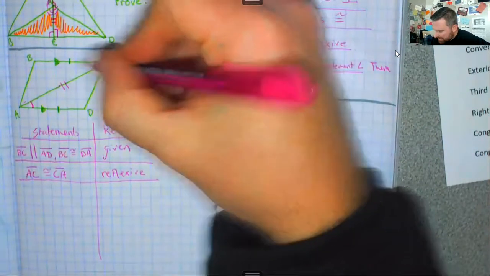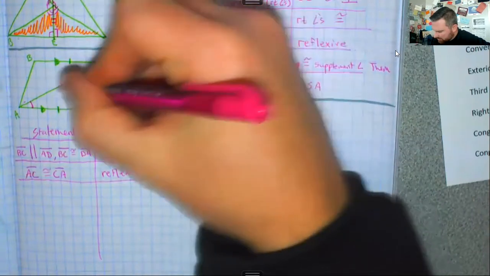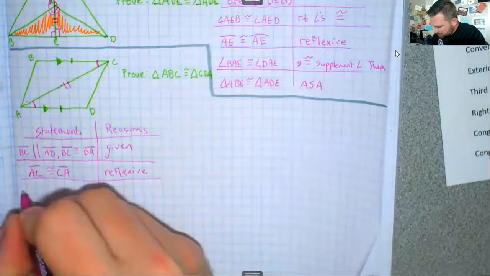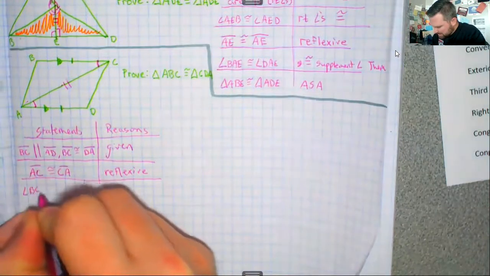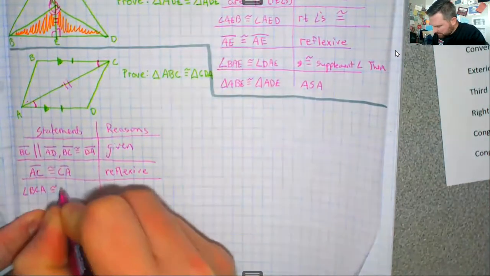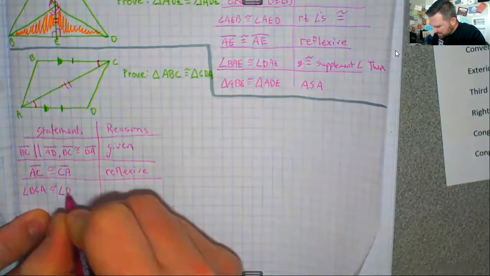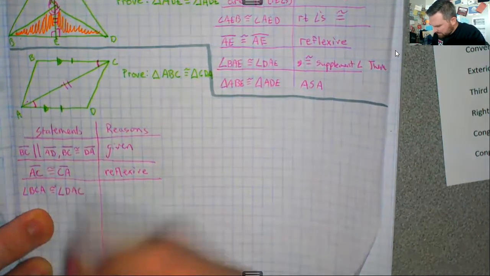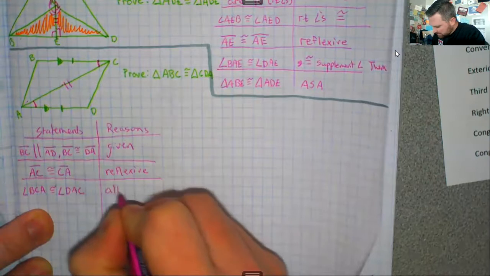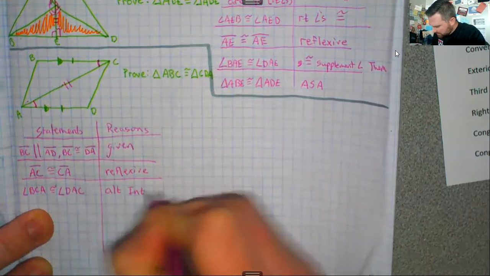They're not parallel in this picture. So I need to connect the parallel to the transversal here with my alternate interior angles. So now I can say that angle BCA is congruent to angle DAC because of alternate interior angles.